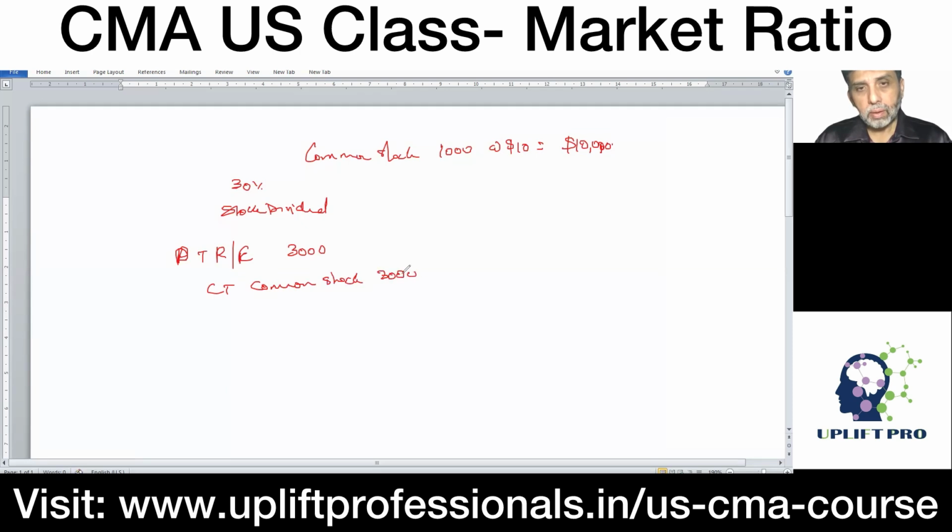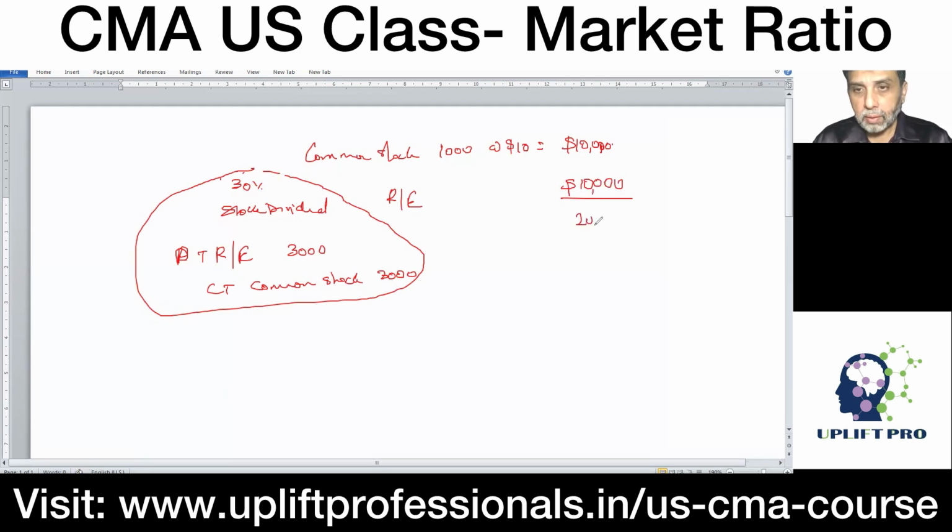Suppose you had a retained earnings balance before the stock dividend of, let us say, 10,000. So your total equity would be 20,000, right? After the stock dividend, retained earnings is debited. Retained earnings has a credit balance, so when it's debited, it gets reduced.